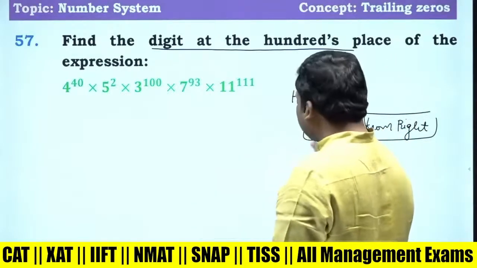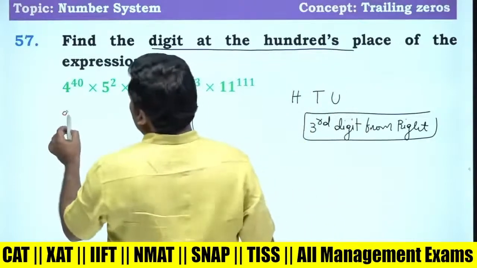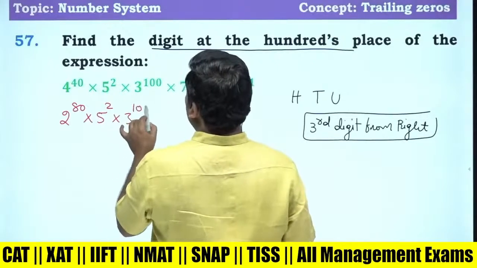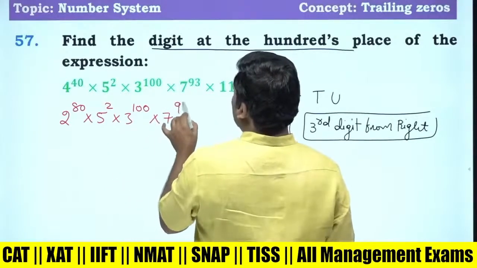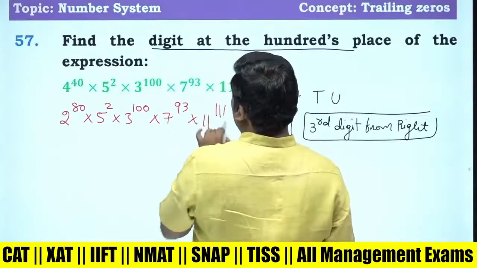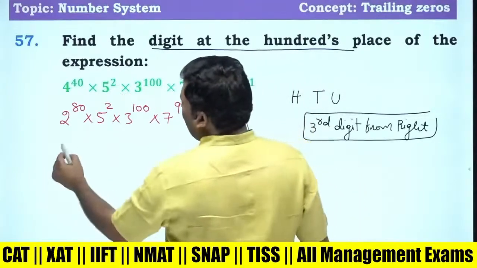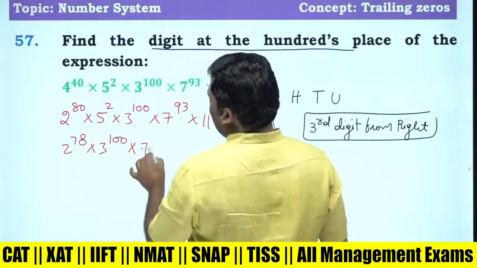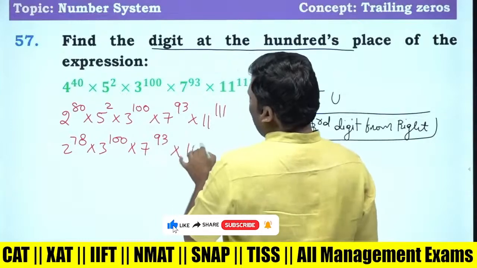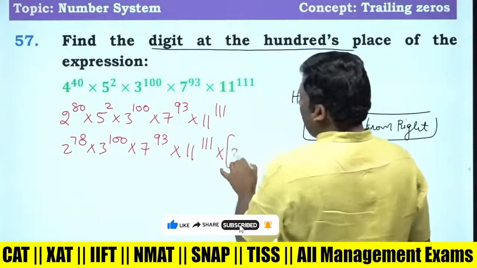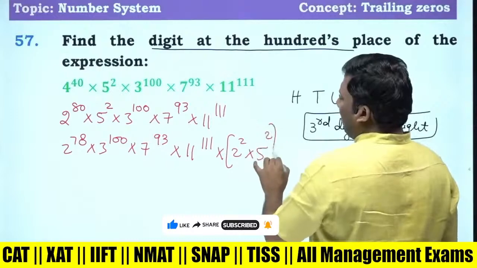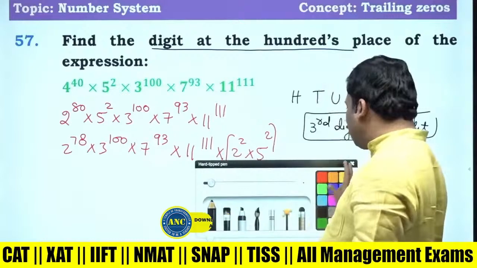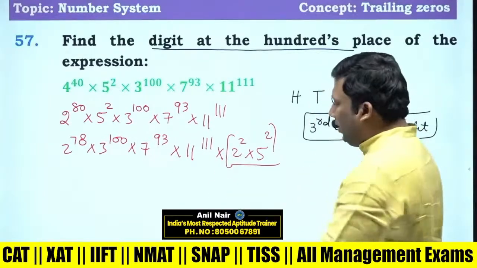Now see here. This can be written as 2 power 80 into 5 square into 3 power 100 into 7 power 93 into 11 power 111. These can be written as 2 power 78 into 3 power 100 into 7 power 93 into 11 power 111 into 2 square into 5 square. 2 into 5 is 10, and 10 square's last 2 digits will be 0, 0.